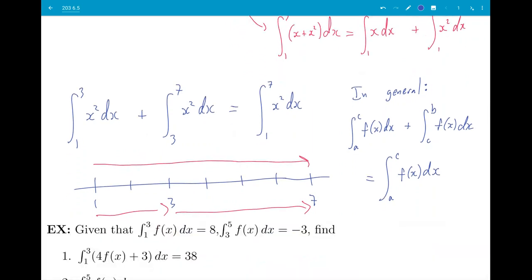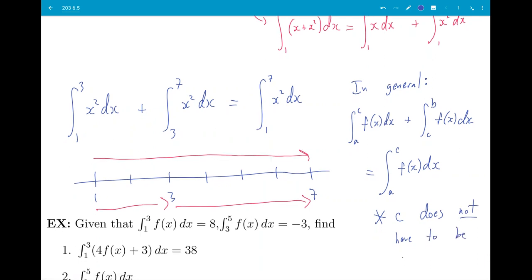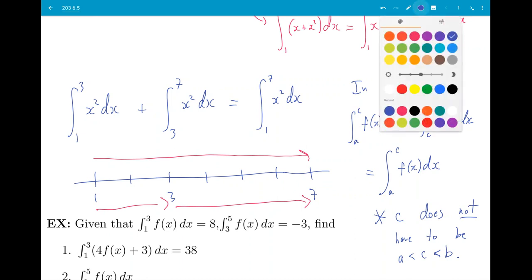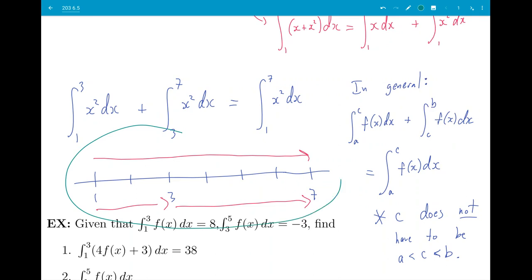So you want to say that C does not have to be between A and B. If you draw pictures like this, I think you'll see why it doesn't matter where C is.